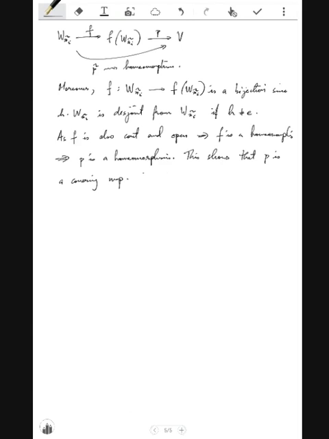So thus, define psi of H to be p from (x tilde mod H, x naught tilde mod H) to (x, x naught).